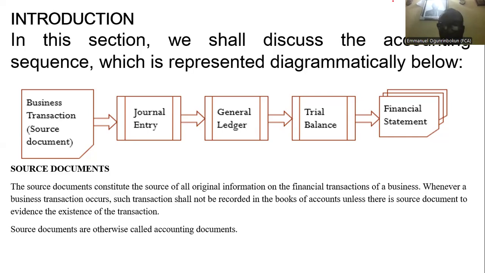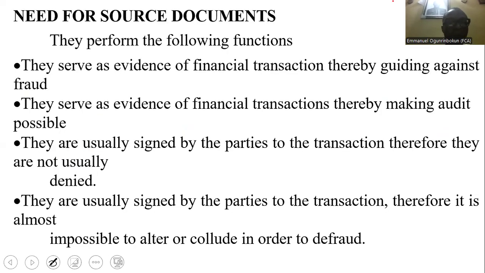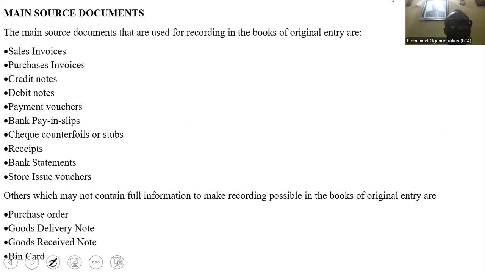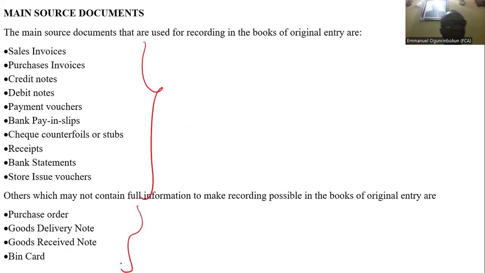You can see all those source documents as shown here, used to perform the day-to-day transactions. Examples of source documents are what we have here. We're going to discuss them one by one. We have the general word, which is the invoice, which has been subdivided into sales invoice and purchase invoice.